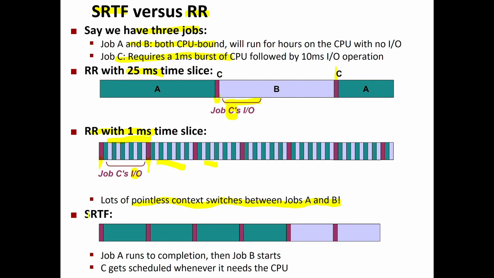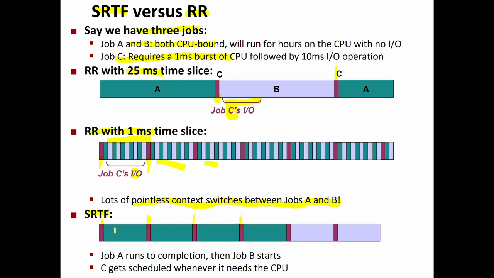Now, if I run shortest remaining time first, then you can see that it remains very interactive, meaning that whenever C gets out of its IO and is available for execution, it will immediately interrupt the process that's executing, and it remains very responsive.